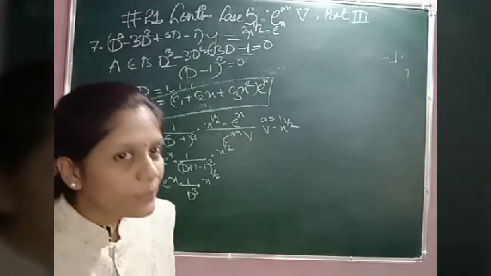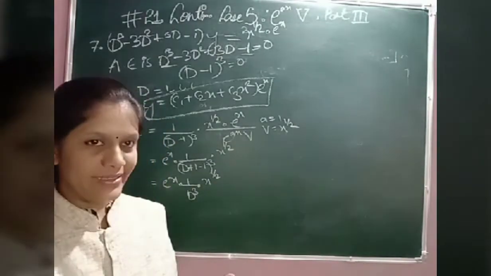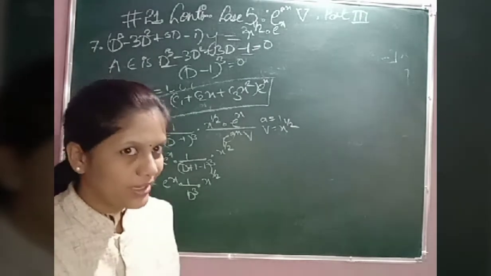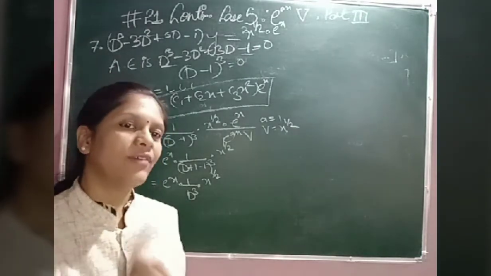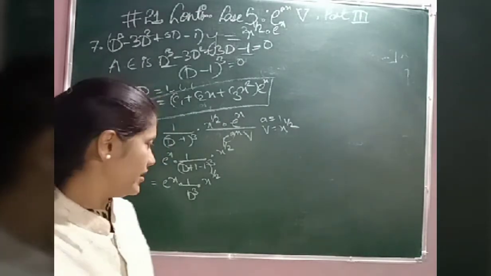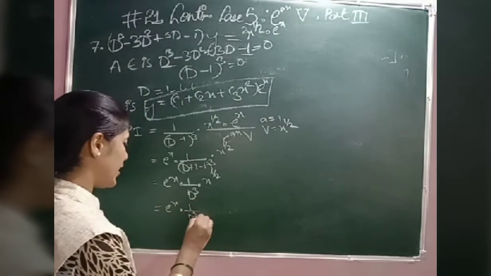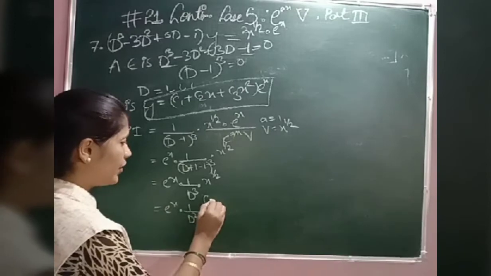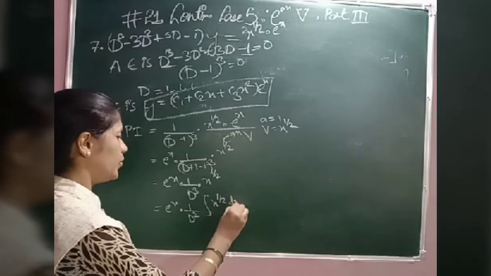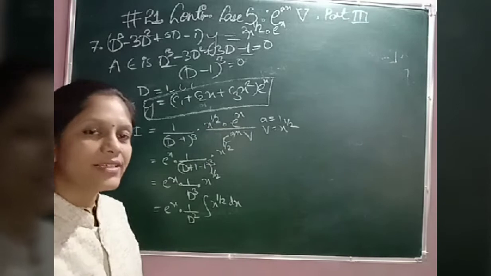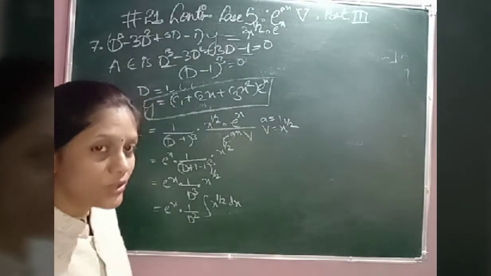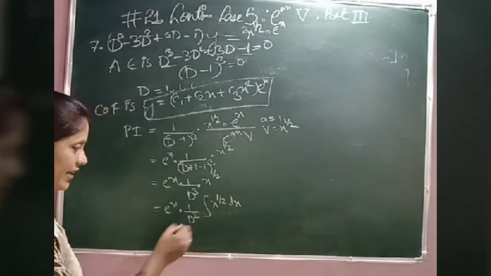Now, what does 1 by D stand for? Integration. 1 by D square, 2 times integration. 1 by D cube, 3 times integration. So, this can be written as e raised to x, 1 by D square, integration of x raised to 1 by 2 dx. So, x raised to 1 by 2 dx we are supposed to integrate 3 times.